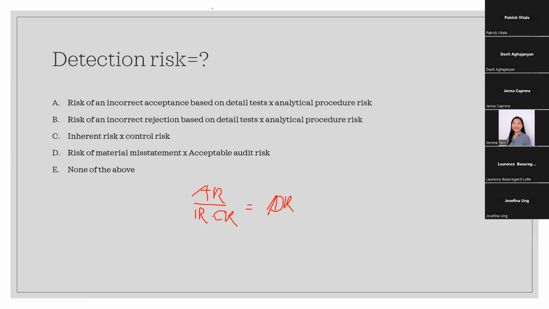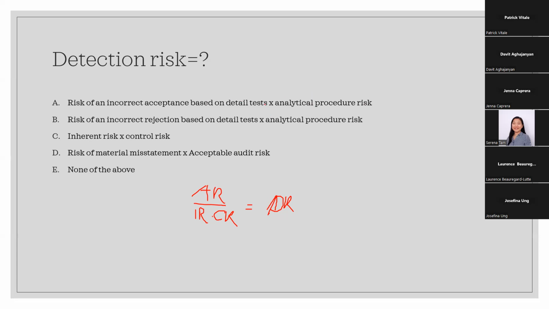Okay. Yeah, so now it says AR. So everyone thinks it's A: risk of an incorrect acceptance based on detailed tests times analytical procedure risk. Yeah, the wording is kind of confusing.